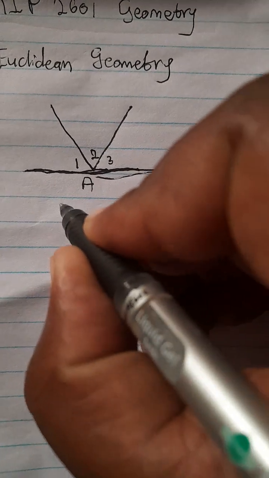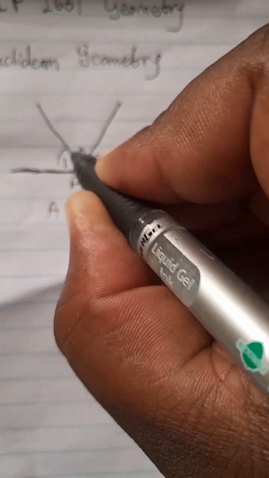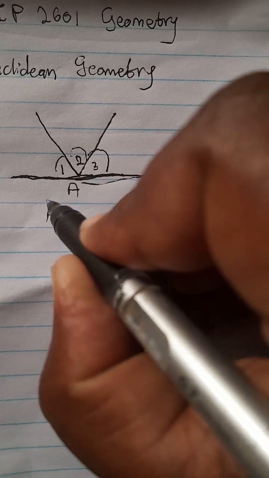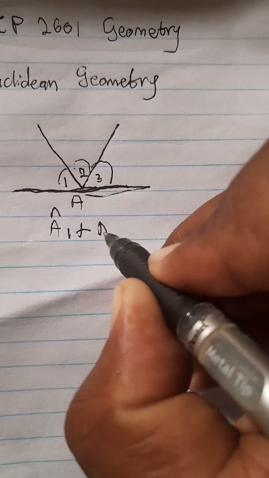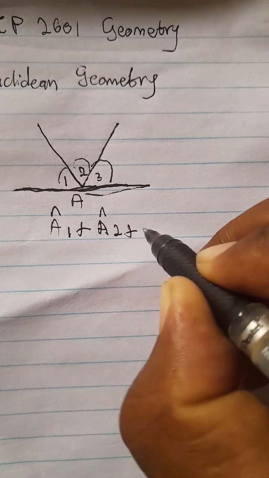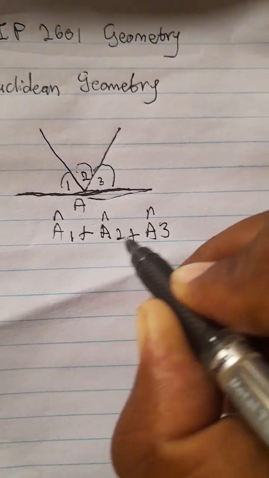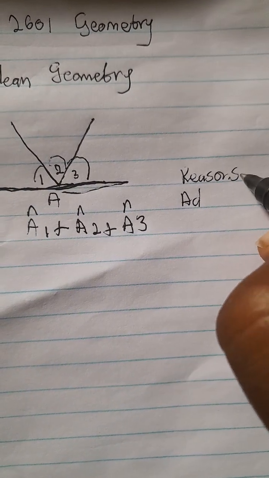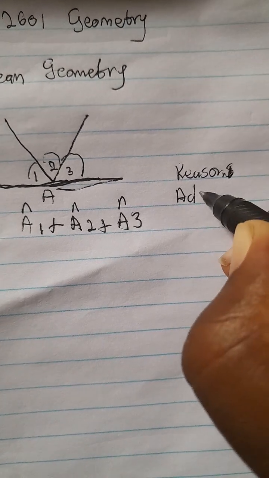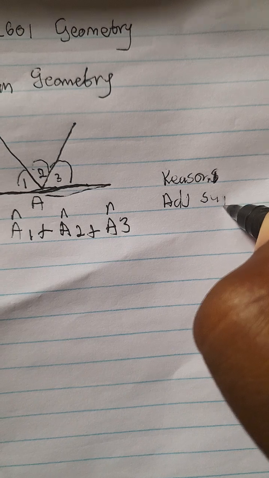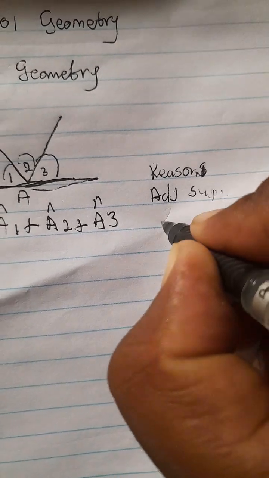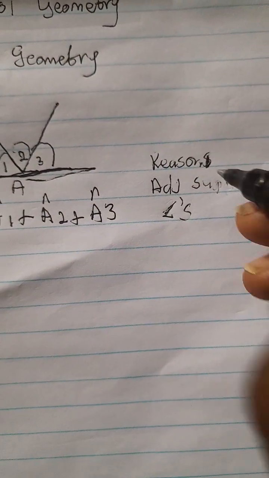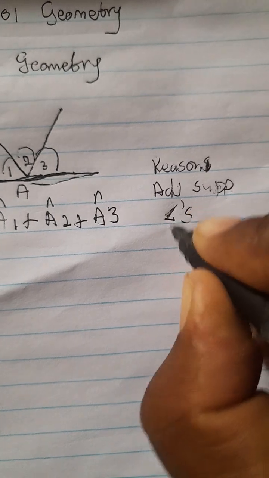So let's see how we apply this. You're going to add A1 with A2 as well as A3. So we say angle A1 plus angle A2 plus angle A3. The reason here will be adjacent supplementary angles.